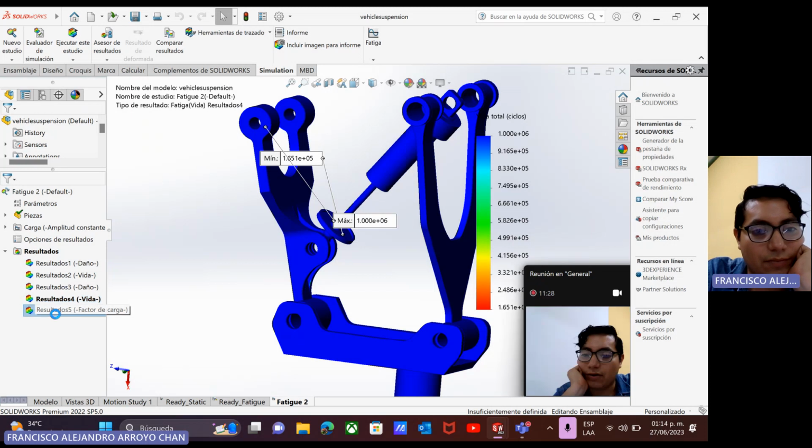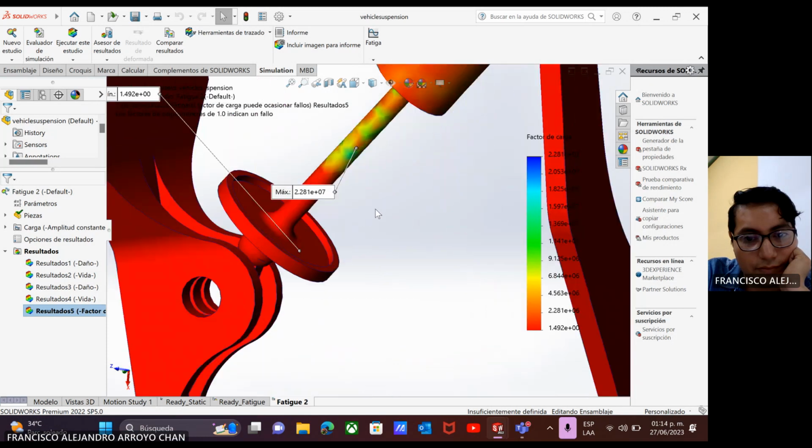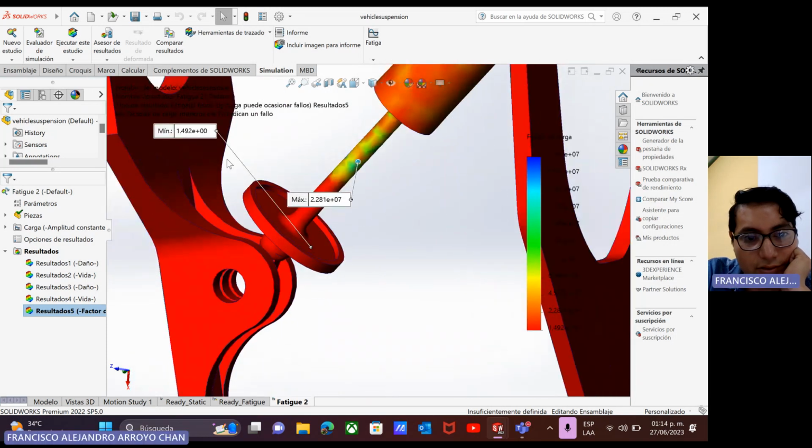And we have also the forces, the factor forces, with other results with minimum and maximum. Remember the maximum is the point of the stress forces.